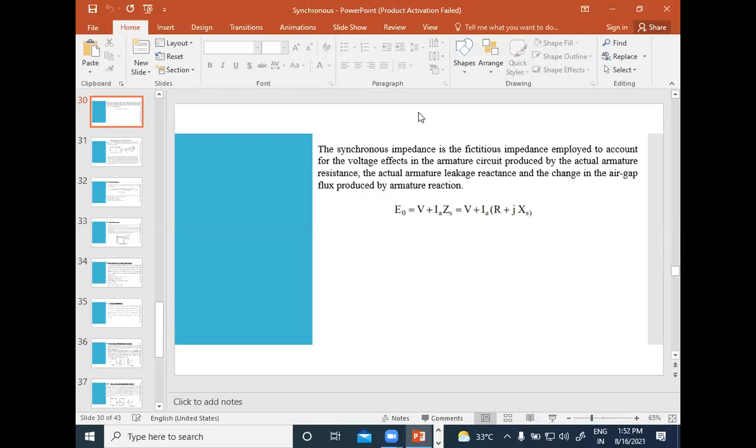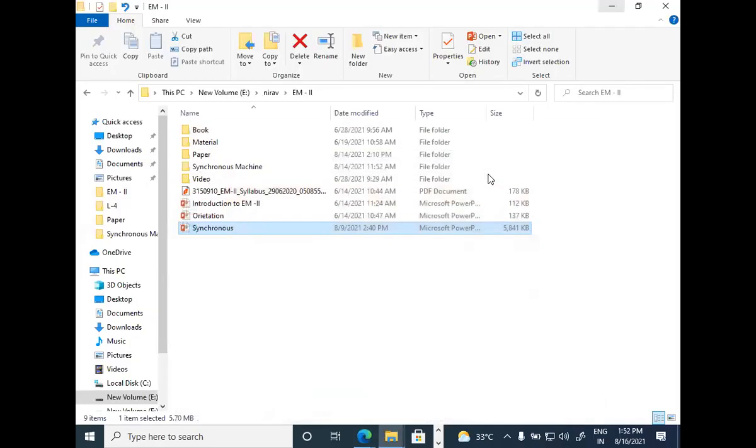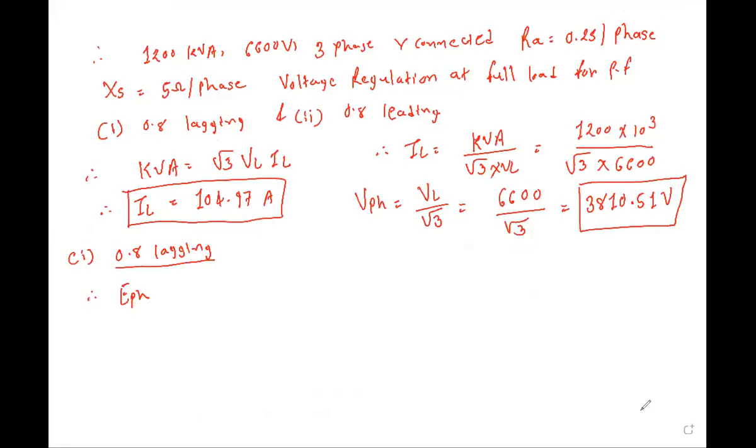Now how can we use this equation? Just let me write down the equation for you, then we can solve this again. The equation is E0 is equal to V plus IA ZS, or you can say V plus IA (RA plus jXS).